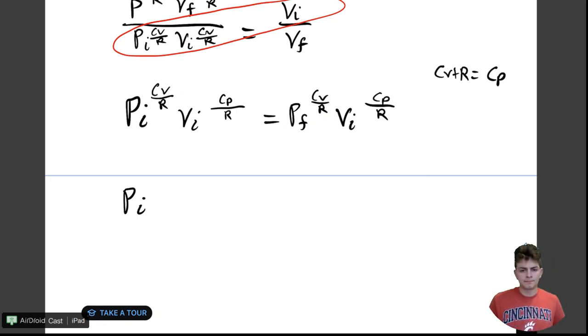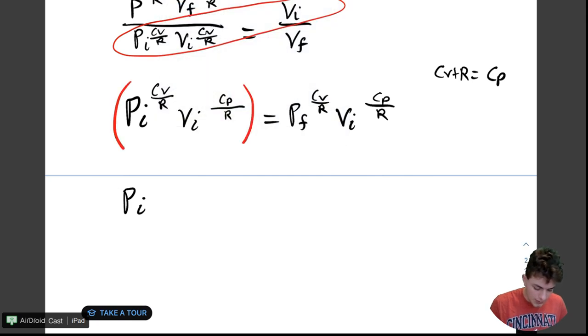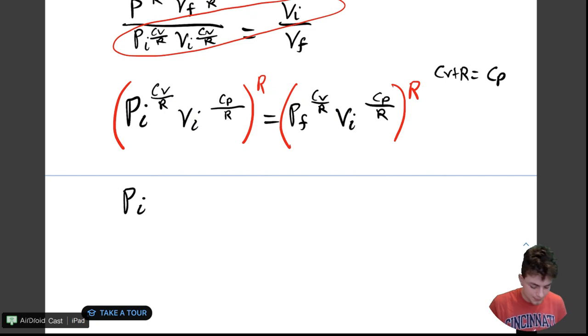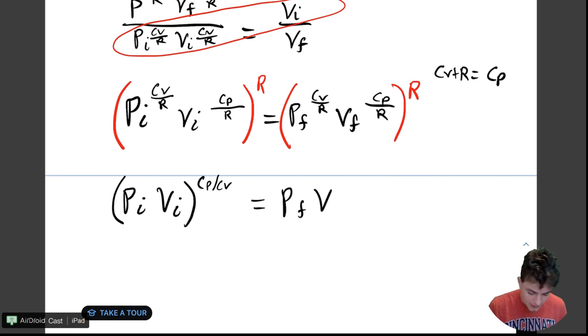Now, from this expression, if we raise both sides of our equation here to the R power, and then simplify our exponents, we will be left with, oops, this should have been a final volume here, not an initial volume.